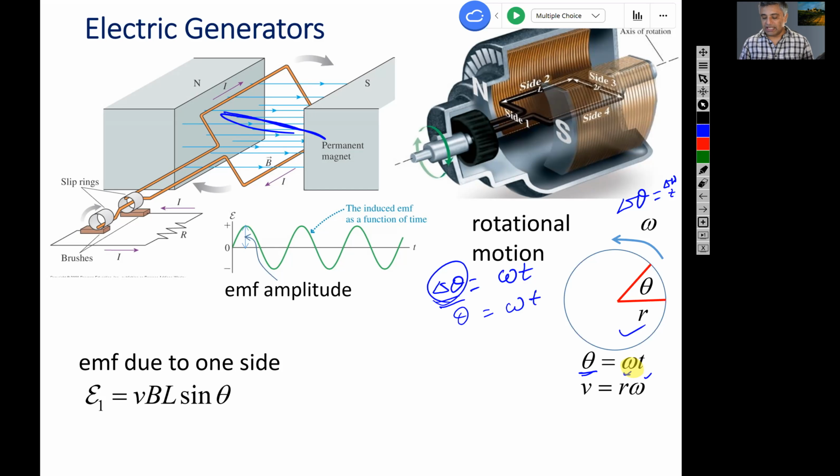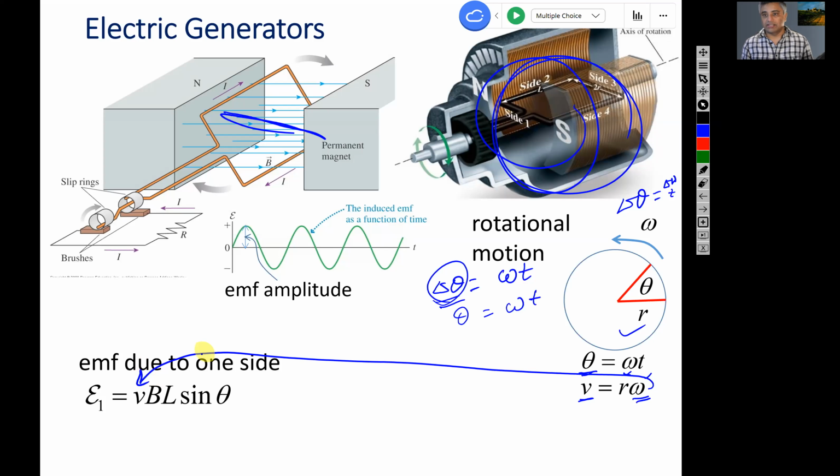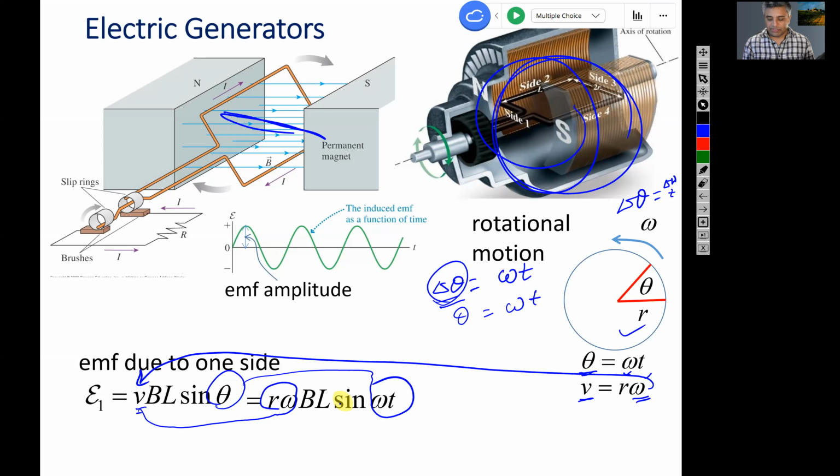So the speed can be written as r times omega. So this speed and that speed are related. Now since we are spinning it, we want to write in terms of omega rather than v. That's the plan. So v is r times omega and theta is omega times t.